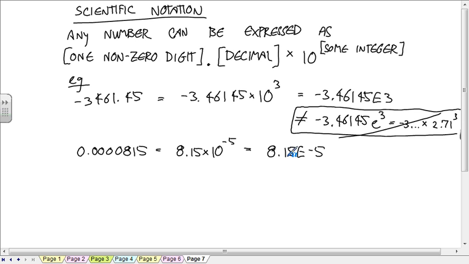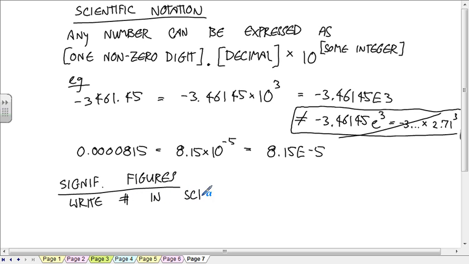Using scientific notation, the idea of significant figures can be a little complicated trying to remember all these rules. But if you write your number in scientific notation, it's automatic. So we're not going to use significant figures, but I do want to just say, write the number in scientific notation.